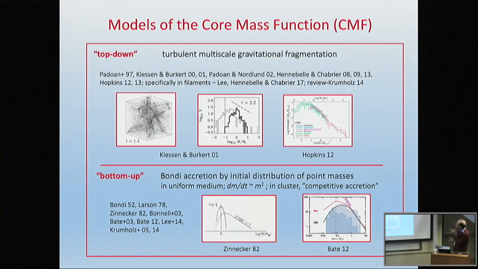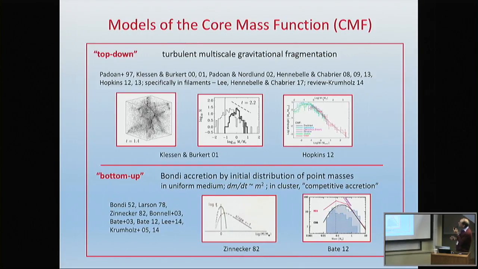So there is a huge literature on the core mass function and models, how to explain it. You can roughly say that there are the top-down models and the bottom-up models. The top-down models are basically turbulent, multi-scale gravitational fragmentation of a big, complex, turbulent system.